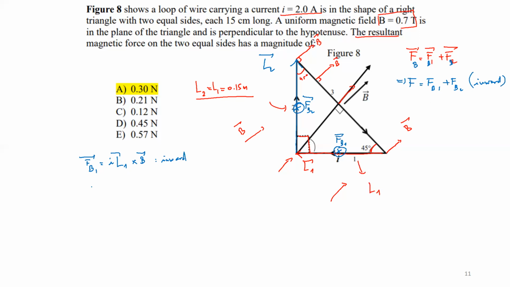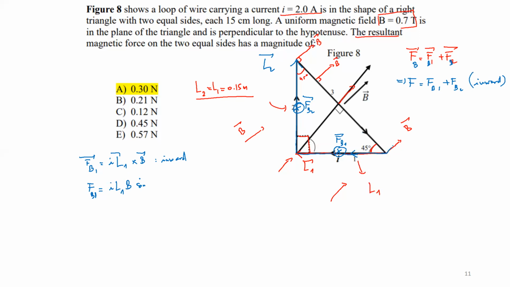Now, what is FB1 in magnitude? It's just I L1 B sine the angle between L1 and B. So what is the sine between L1 and B? Okay. So here is L1, it's going the whole way.